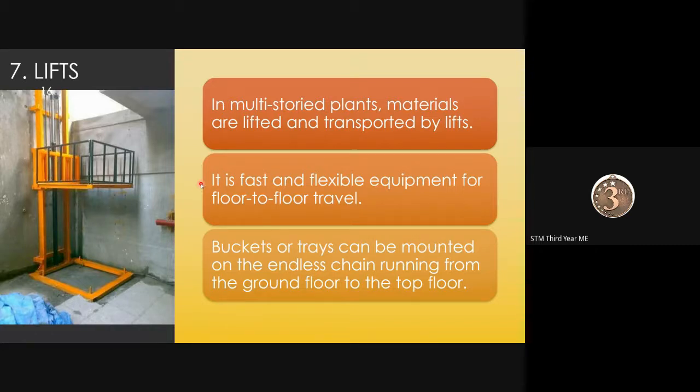Okay, so here the material is transported by means of this lift, and the lift is platformed here as shown. There will be a platform where it will be set, and using this pulley system shown here, we are connecting the lift to it.